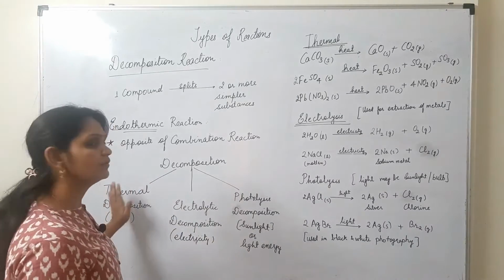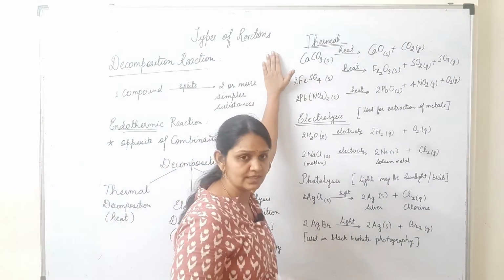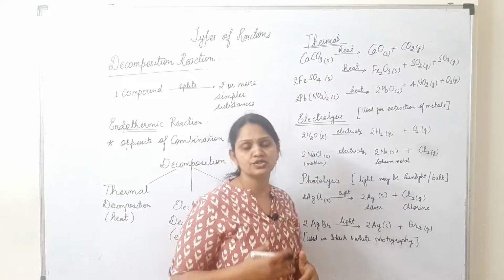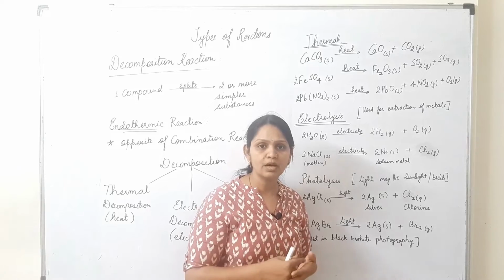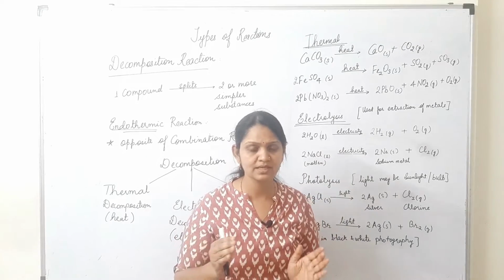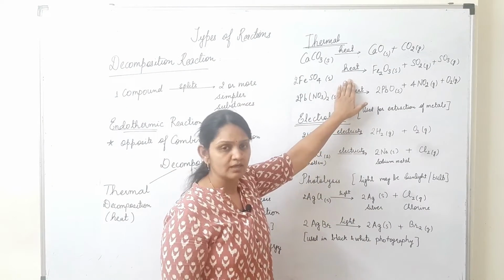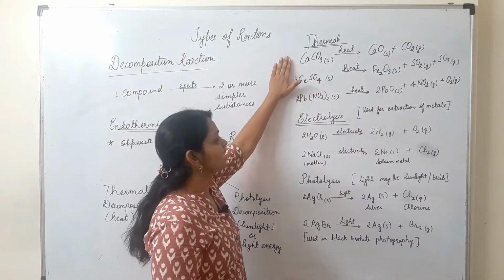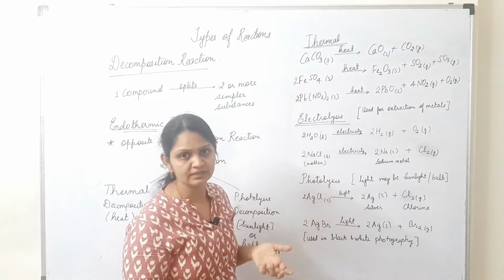Now, let us see one type in detail. Thermal decomposition is the decomposition in which a compound splits into two or more simpler substances absorbing heat energy. First example is when calcium carbonate, which is a solid, is heated.